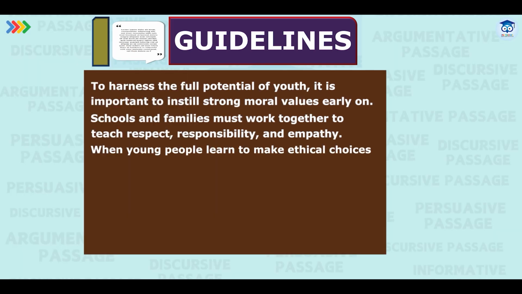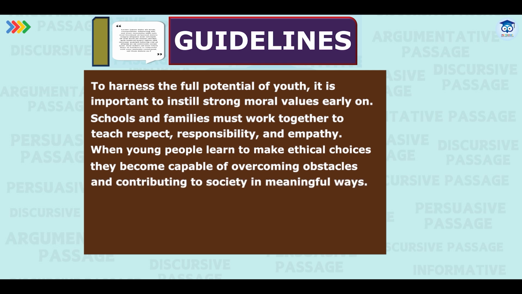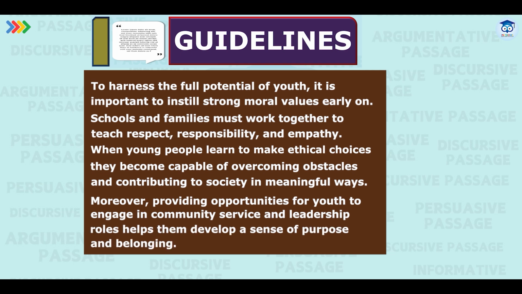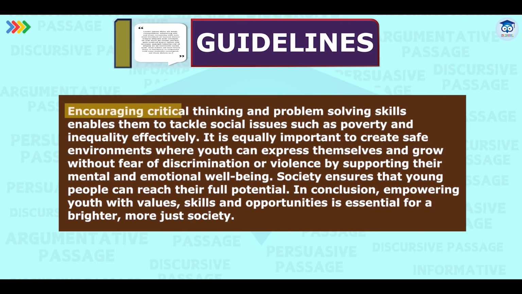When young people learn to make ethical choices, they become capable of overcoming obstacles and contributing to society in a meaningful way. Moreover, providing opportunities for youth to engage in community service and leadership roles helps them develop a sense of purpose and belonging. Encouraging critical thinking and problem-solving skills enables them to tackle social issues such as poverty and inequality effectively.